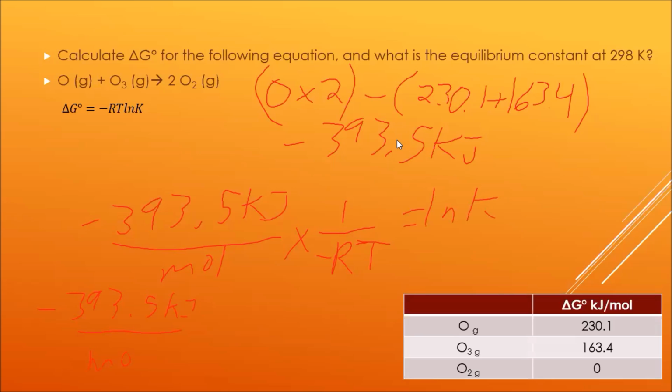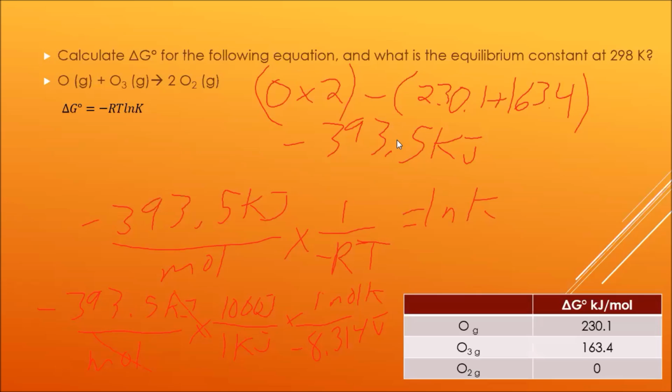Well, R is in joules per mole. So we want to say, well, there's 1,000 joules in 1 kilojoule times 1 over negative 8.314 joules per mole Kelvin.